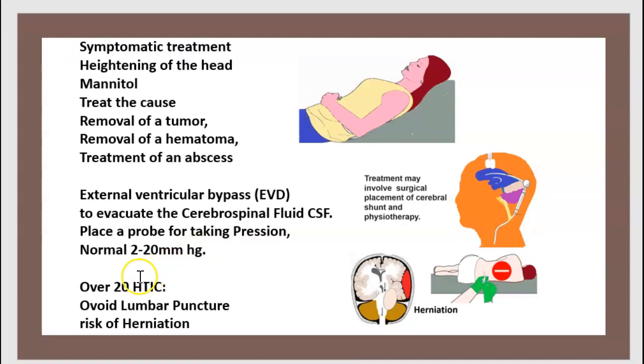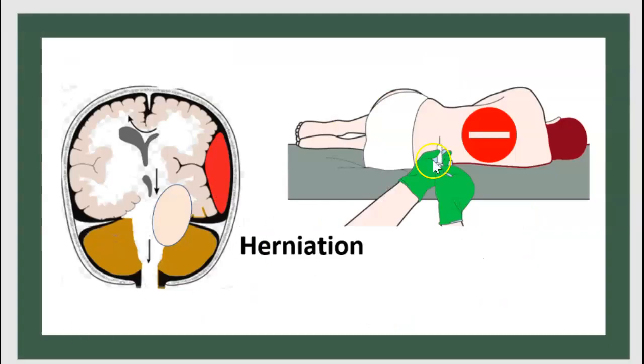Over 20 millimeters of mercury, hypertension. Avoid lumbar punction because risk of herniation.